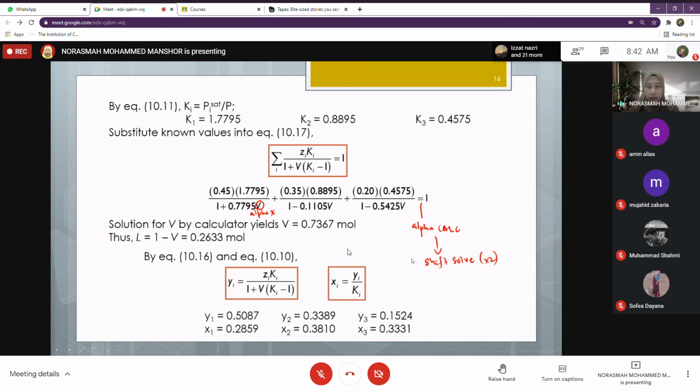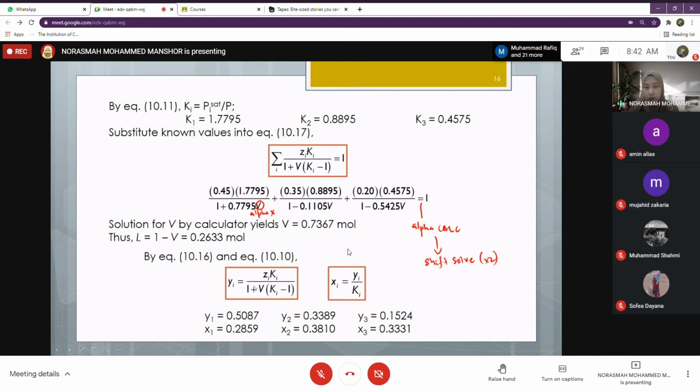Alright, after you calculate V, you can find L by 1 minus V. And then the mole fractions yi and xi, from equation 10.16 and 10.10. Okay, yi equal to zi Ki over 1 plus V times Ki minus 1.